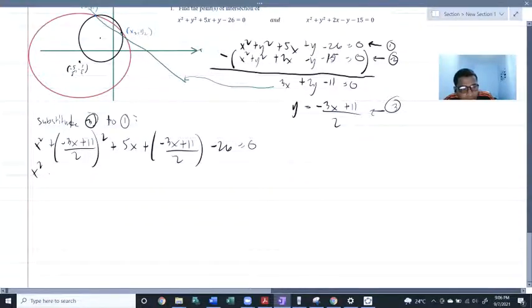Let's simplify. We have 1/4 (9x squared minus 66x plus 121) plus 5x minus 3/2 x plus 11 over 2 minus 26 equals 0.